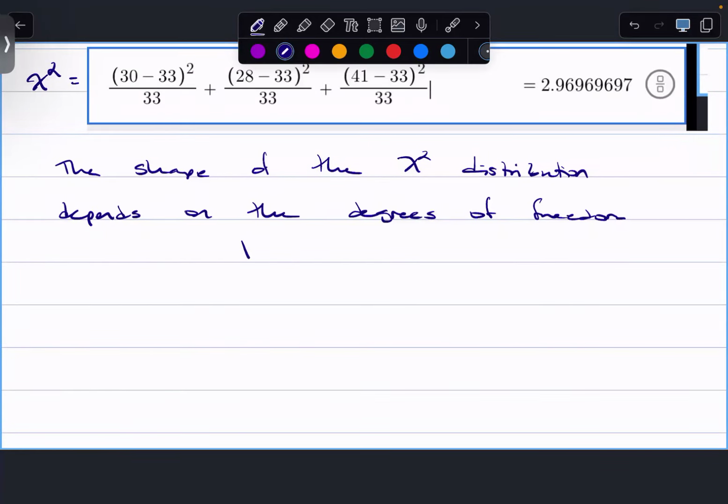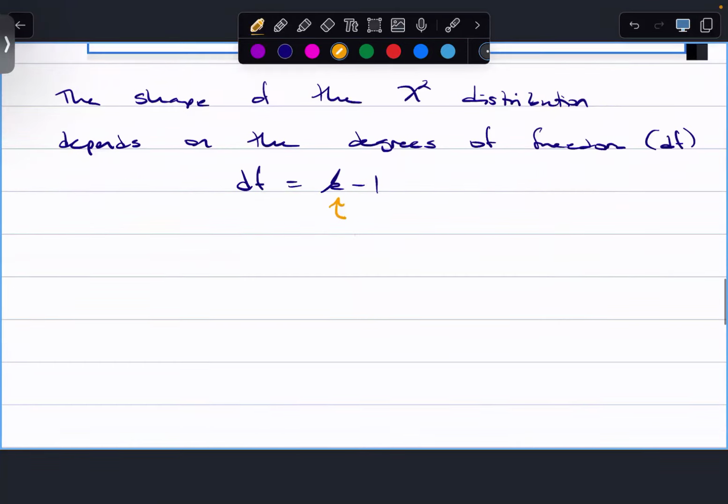And so the degrees of freedom, which we abbreviate DF, is going to be K minus 1, where K is the number of categories. So for us, we have 3 categories, red, blue, green, or whatever it was. And so we have 2 degrees of freedom.